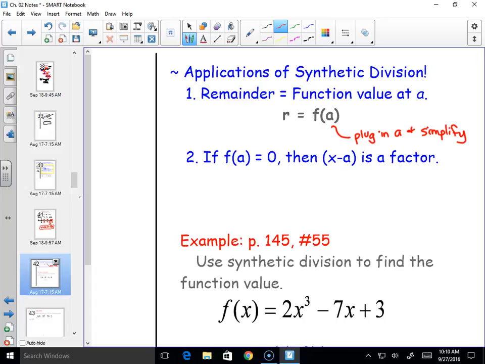To find the remainder, all you have to do is perform synthetic division, which maybe will have easier math than plugging in. Hence why this application is kind of cool. If you did need to find a function value, it'd be easier to find the remainder from synthetic division than to plug in the nastiness.